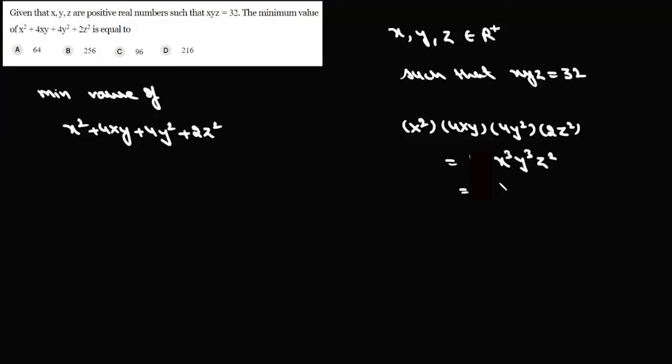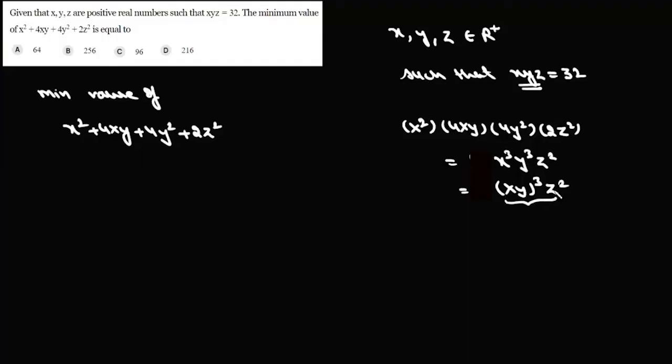So this expression won't be a constant, since we are given that x into y into z is constant, and we won't be able to get this minimum value.